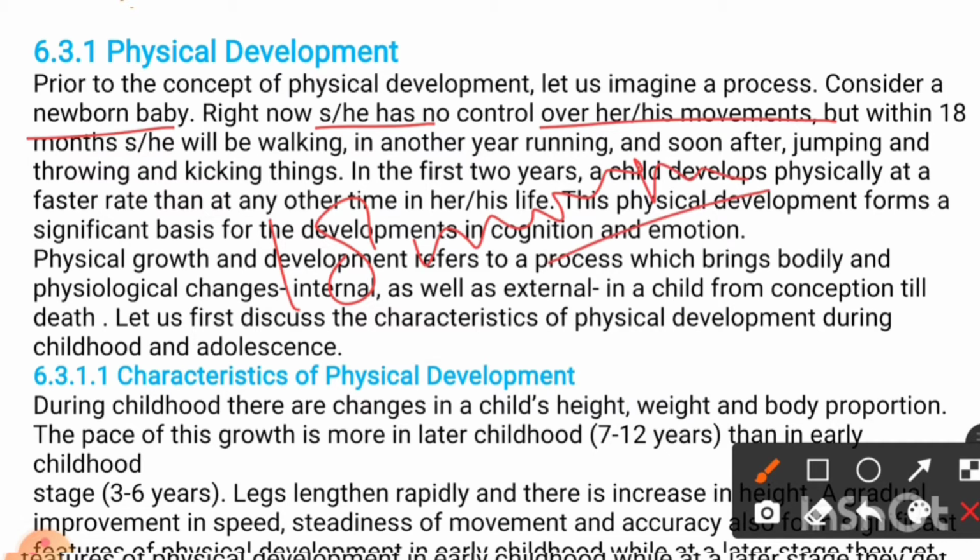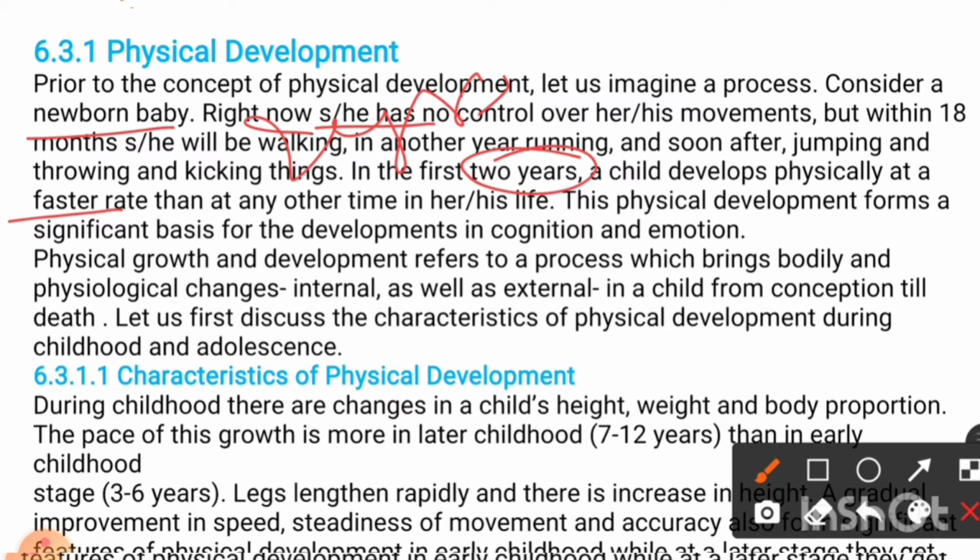Then he will be walking, in other years running, and soon after jumping, throwing and kicking, and all this kind of activity automatically develops. In the first 2 years a child develops physically at a faster rate.